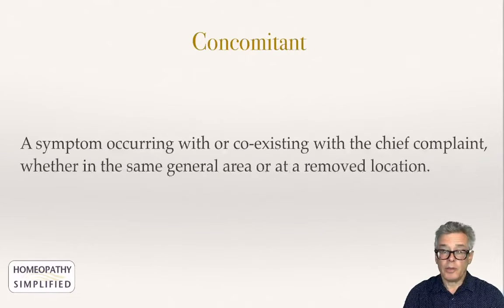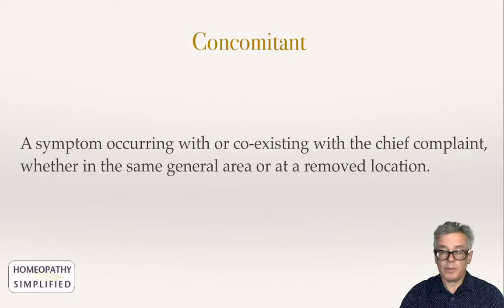So a concomitant is very important as well because often a condition does have more than one aspect to it. These are symptoms that occur with or are coexisting with the chief complaint, whether in the same general area or even in a removed location or organ system.